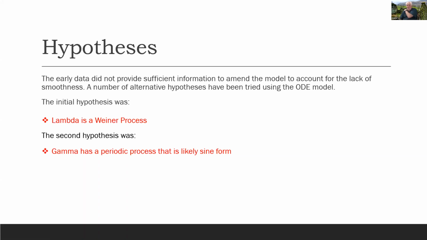The problem is, when I first started looking at it, I only had very limited data. We hadn't even got to the peak, so I assumed in the beginning there was some sort of random process, and I started out putting it on Lambda.